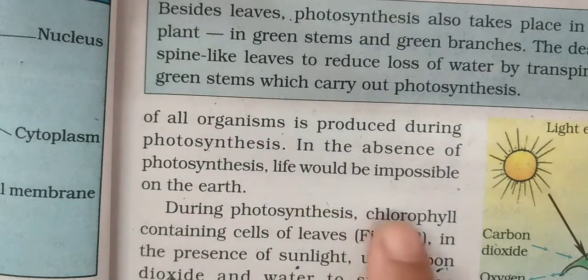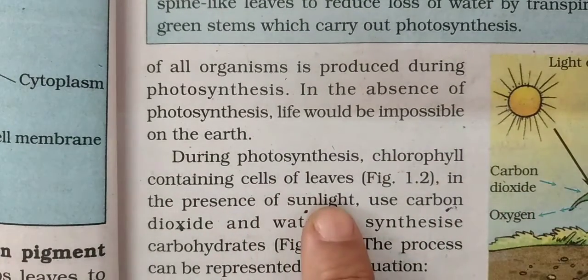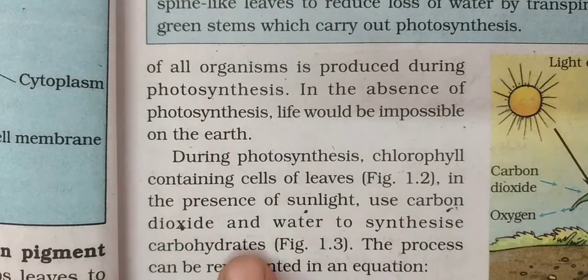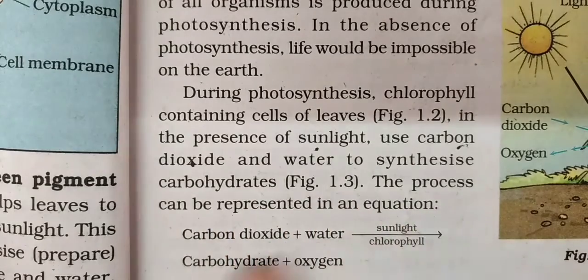During photosynthesis, chlorophyll containing cells of leaves, in the presence of sunlight, use carbon dioxide and water to synthesize carbohydrates, and the process can be presented in an equation.